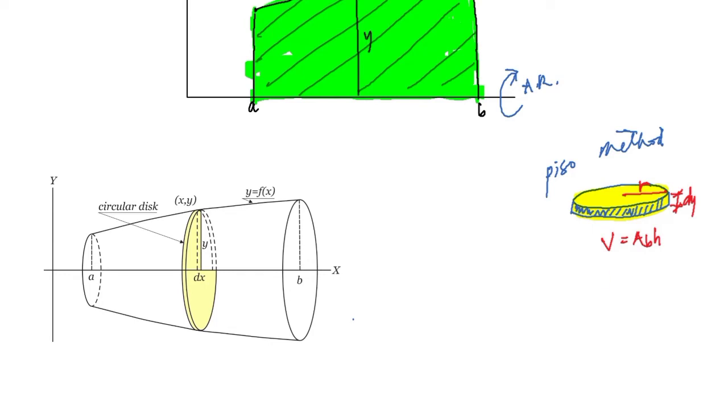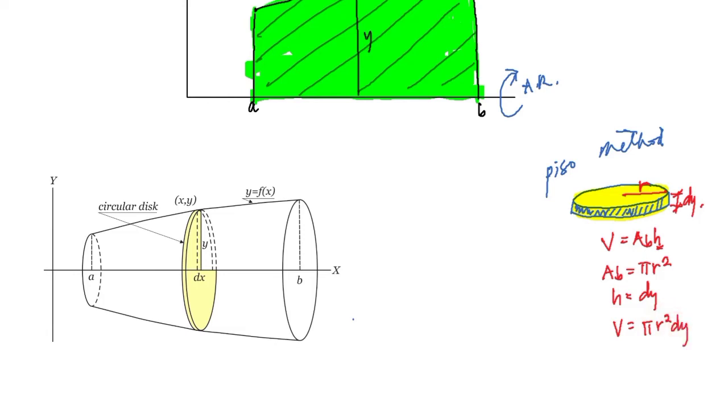Now, for the area of the base, this is a circle, so meaning yung area ng base natin is pi r squared. How about the h? The h here is equal, of course, to the thickness, which is the dy. So if we are going to compute for the volume of this, we have here the pi r squared dy.